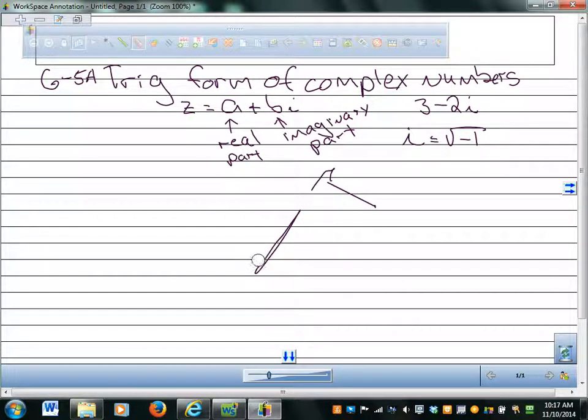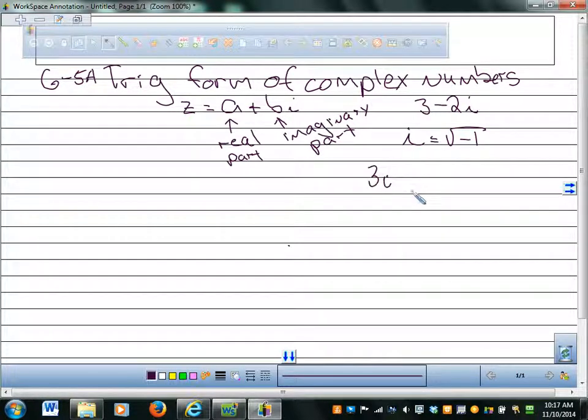Okay, so a number like 3i is called a pure imaginary number. Shh, put your phone away, please. That's called pure imaginary, like 3i. And a number like 2 is called a real number, but it is a subset of a complex number.